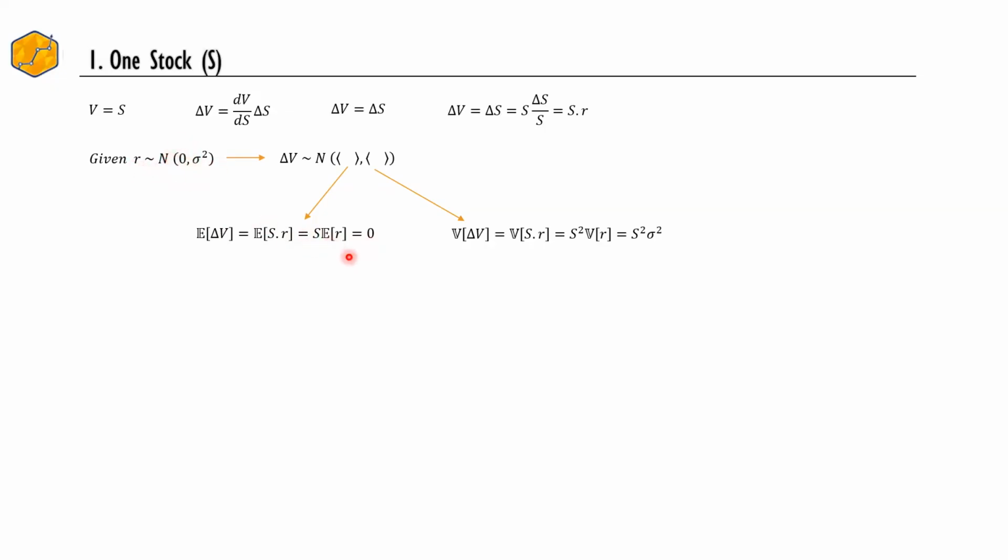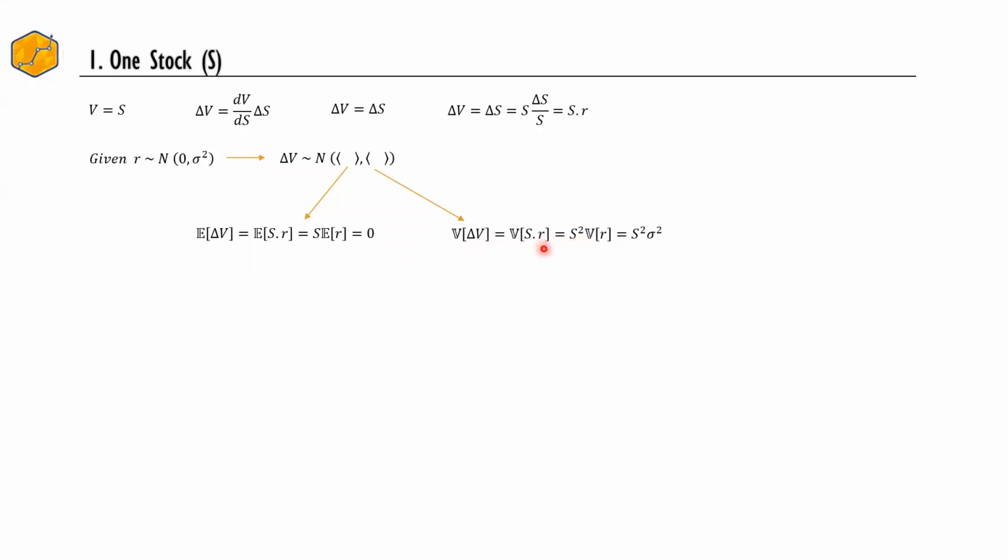So we just replace that here, and we get the average value of the PnL as 0. Did I answer your question? Yes. Okay. All right.